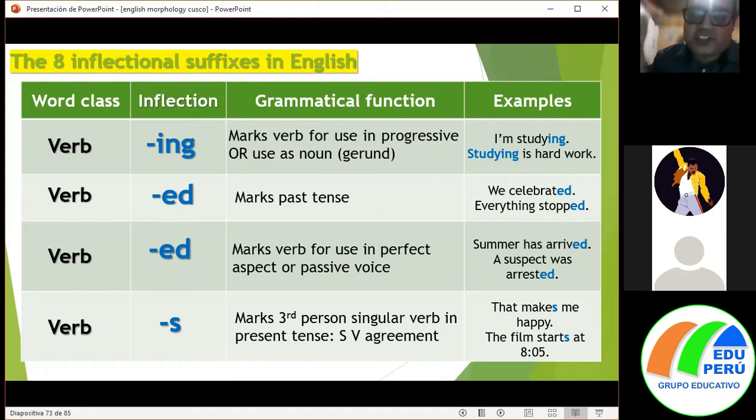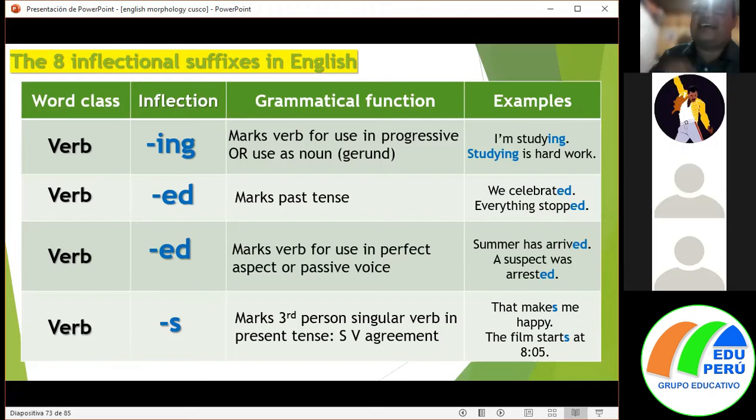Two related to adjectives or adverbs. Which are they? Comparative, and comparison. Yeah, they are divided in comparative and superlative. The ER and EST. No? EST. Yes, that's it.